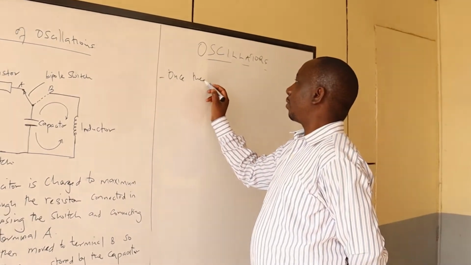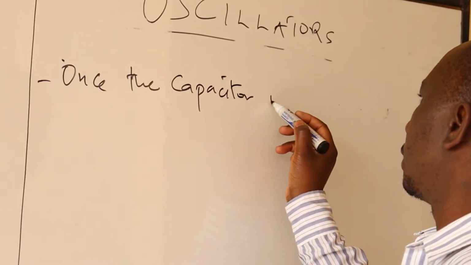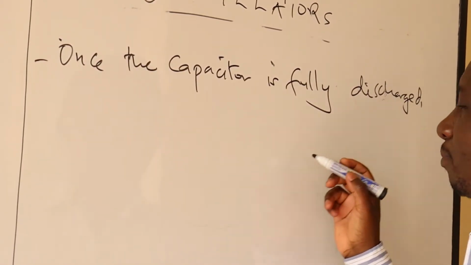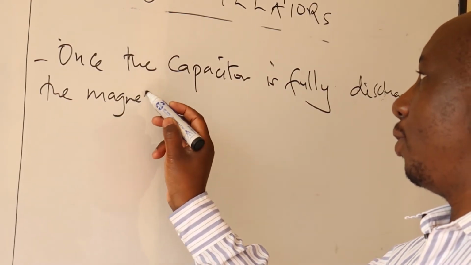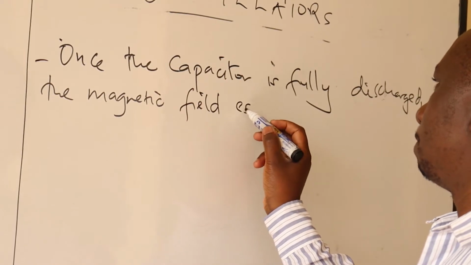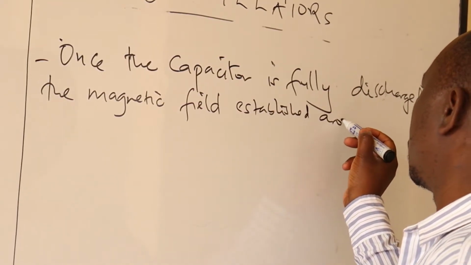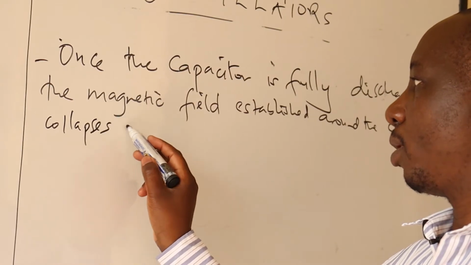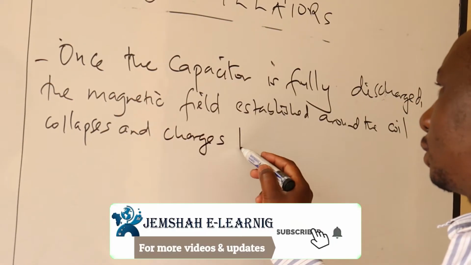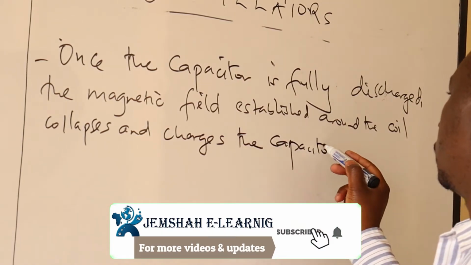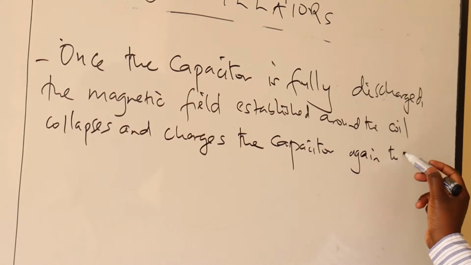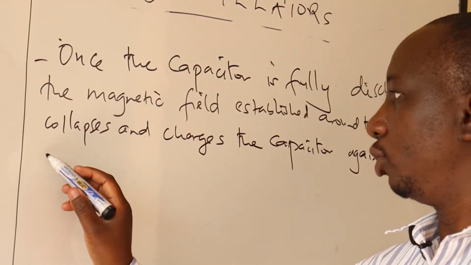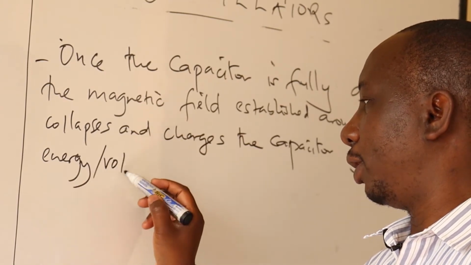So once the capacitor is fully discharged, the magnetic field established around the coil collapses and charges the capacitor again to maximum energy or voltage supply.